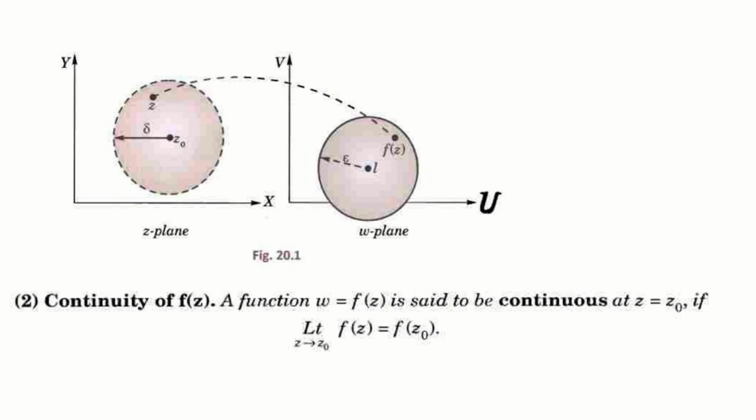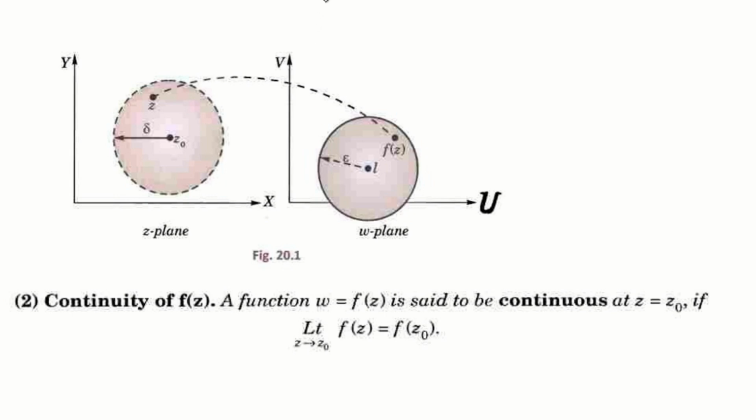So now let's try to understand what continuity of a complex function means. Before getting into continuity of a complex function, let's understand what continuity of a real function means. Suppose I have a function f of x, and I want to know whether this function is continuous or not at a certain point a.